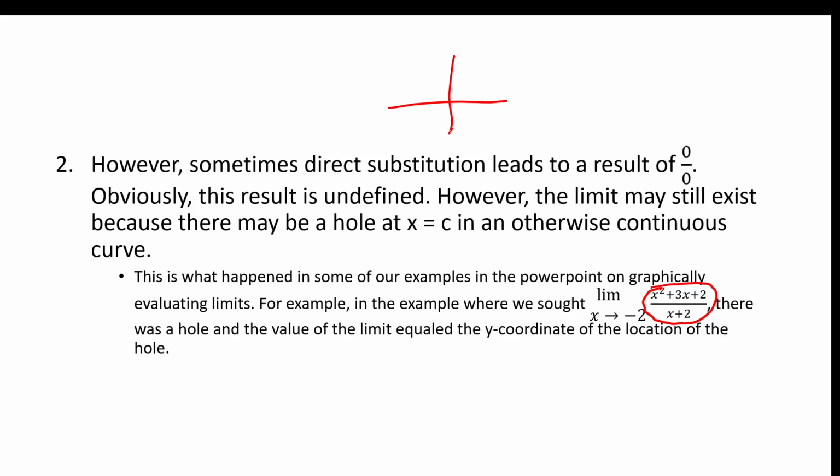And what we recognized was that that curve is actually just x plus 1, but x cannot equal 2, so there's a hole there. And as we approach from the right or as we approach from the left, we get the same value, and the limit is just equal to the y-coordinate of the hole. Okay? And that happened. Well, actually, that's a rule.